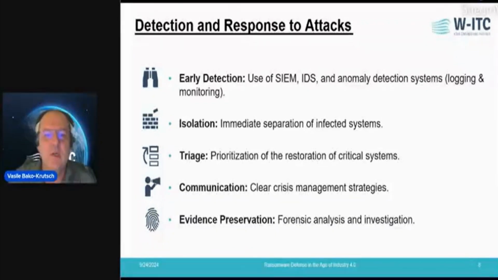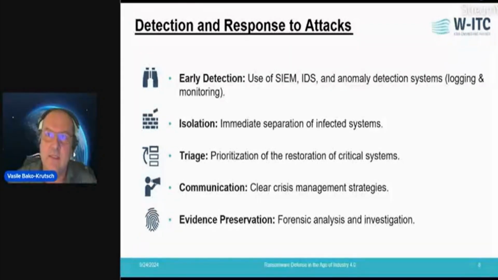A third measure, and an important one, is the so-called triage and prioritization of response. After the infected systems are contained, the affected systems must be analyzed to assess the extent of the damage in the very first place. This includes identifying the encrypted data and determining which systems are more critical for the business operations.